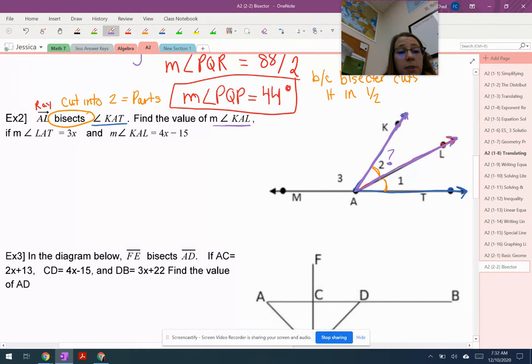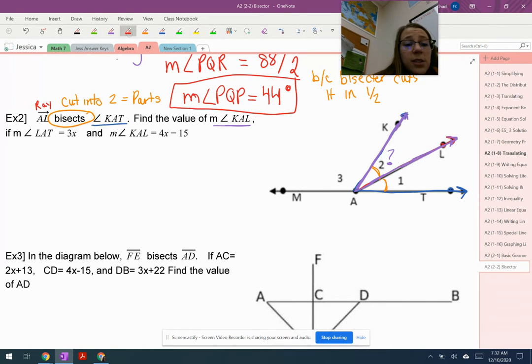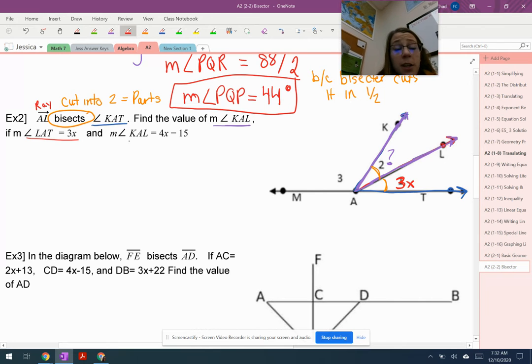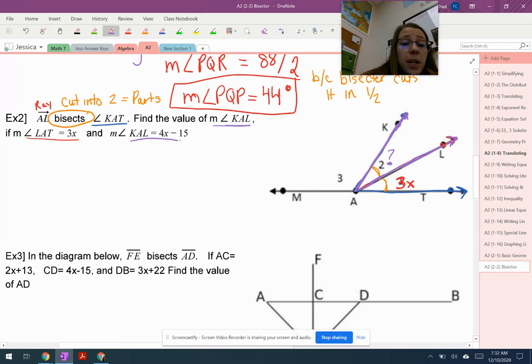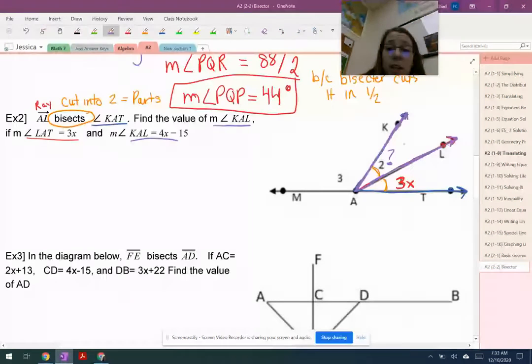If the measure of angle LAT is 3x, so LAT, so that's this, so they're telling us this is 3x, and they're telling us that the measure of KAL, which is that angle I'm looking for right here, that one in purple, they're telling us KAL is 4x minus 15.